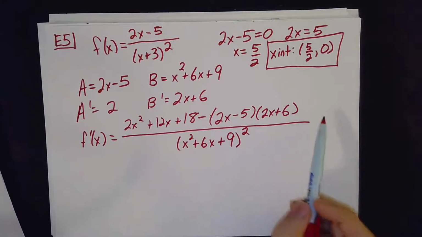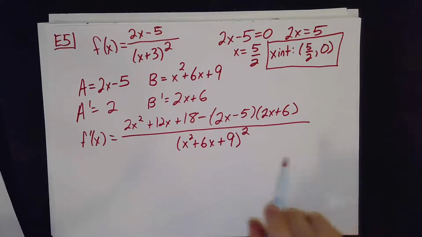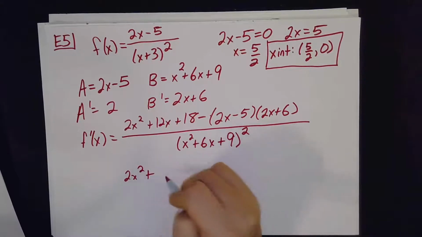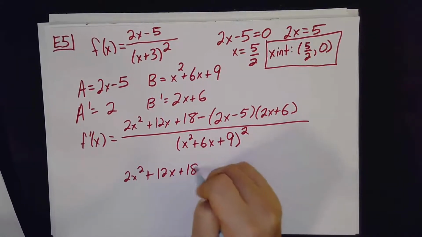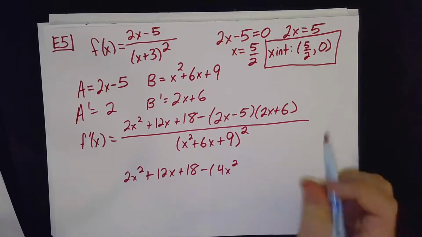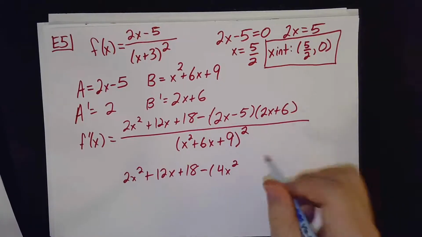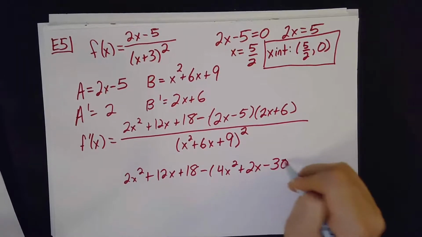So I'm going to grab just the numerator here, which is going to be 2x squared plus 12x plus 18 minus 4x squared plus 2x minus 30.